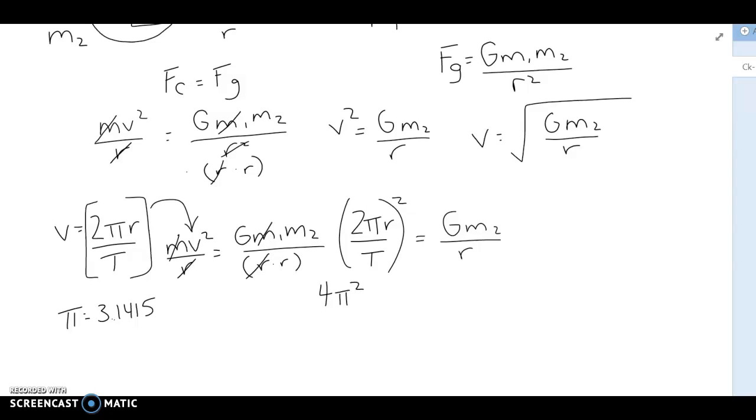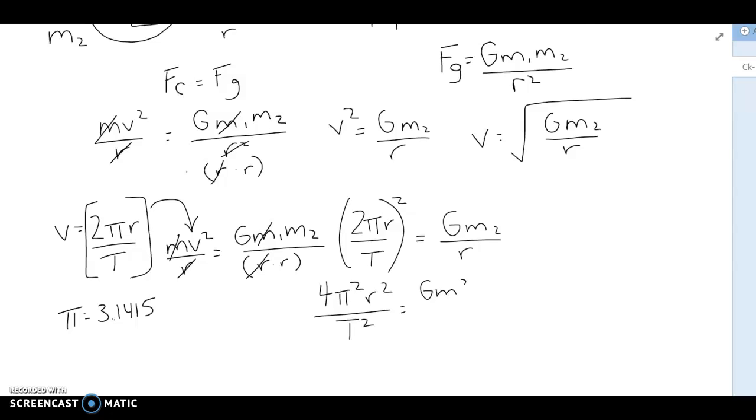On CK12 they kind of rounded everything, so you could use just 3.14. But I use 3.1415 because I like going to 4 decimal places inside my equations. r is squared and t is squared equals g m.